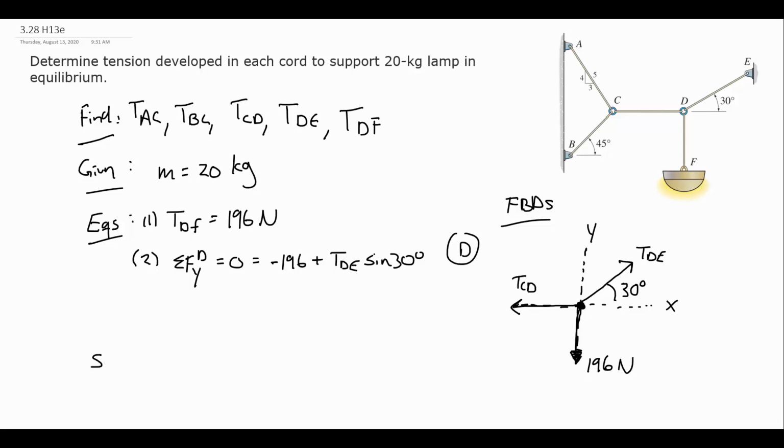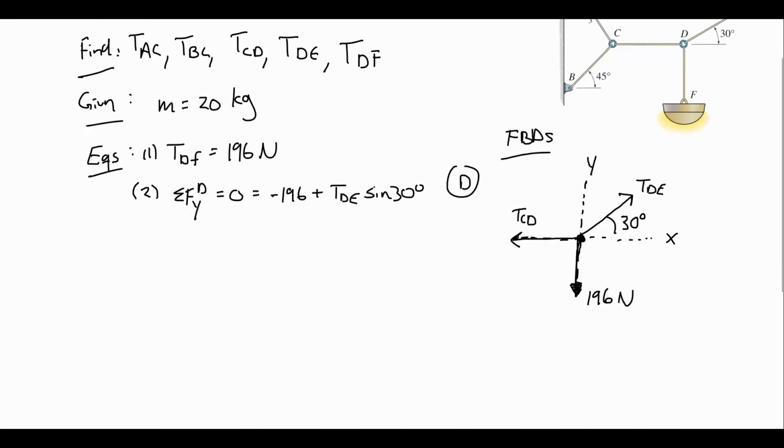I can go to the solve step and then come back. If I look at equation 2, there's only one thing in that equation that I don't know, so I can use it to find the tension in DE. If I solve equation 2, I get 392 newtons.